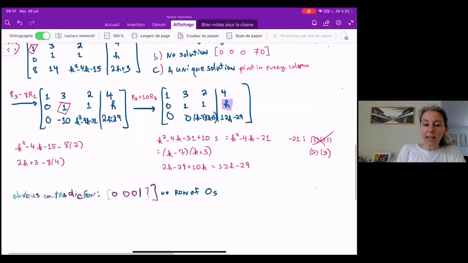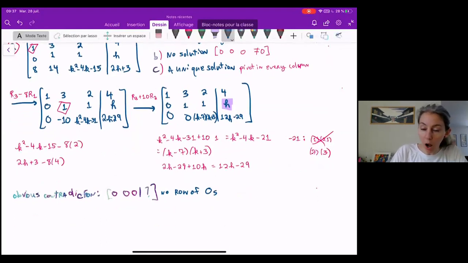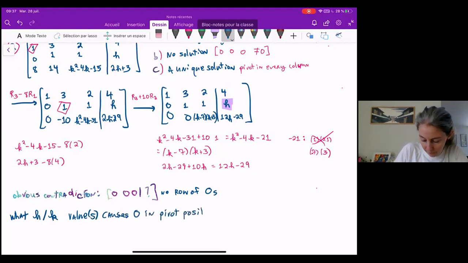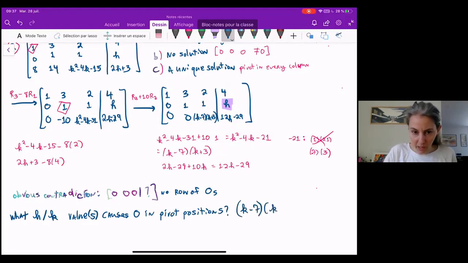Okay, so then the next thing we do is ask what h or k value causes 0 in pivot positions. And this would be when k minus 7 times k plus 3 equals 0.